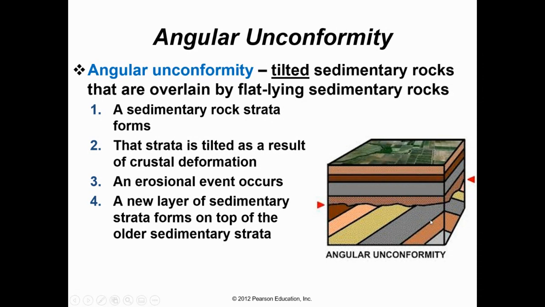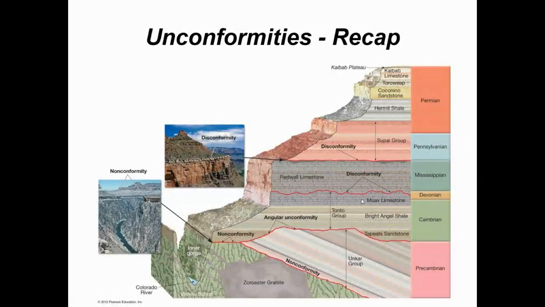So you get the deformation of the bottom rocks, then you get the erosional surface after the deformation occurs. Then after that erosion occurs, you get new sedimentary beds that come in and deposit. So that's the more complex of the three, but it's really not that awful complex, quite frankly.